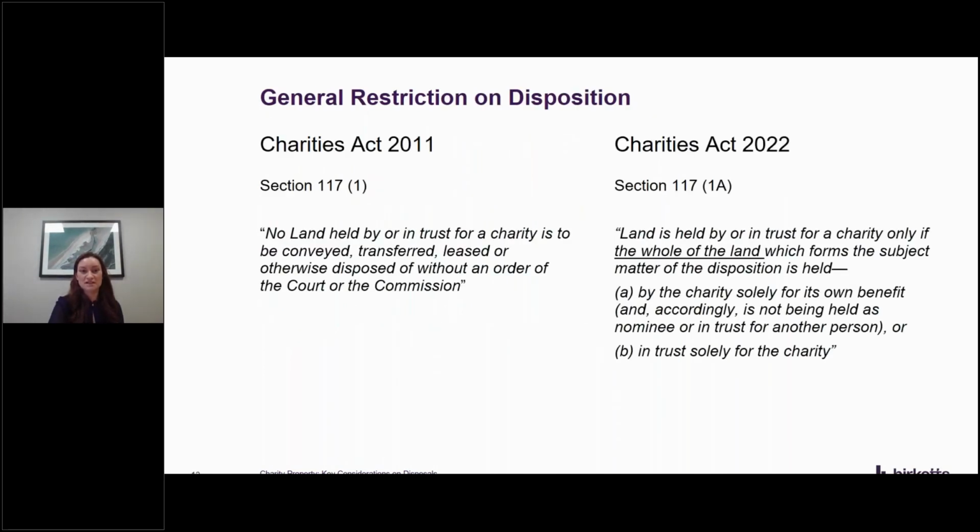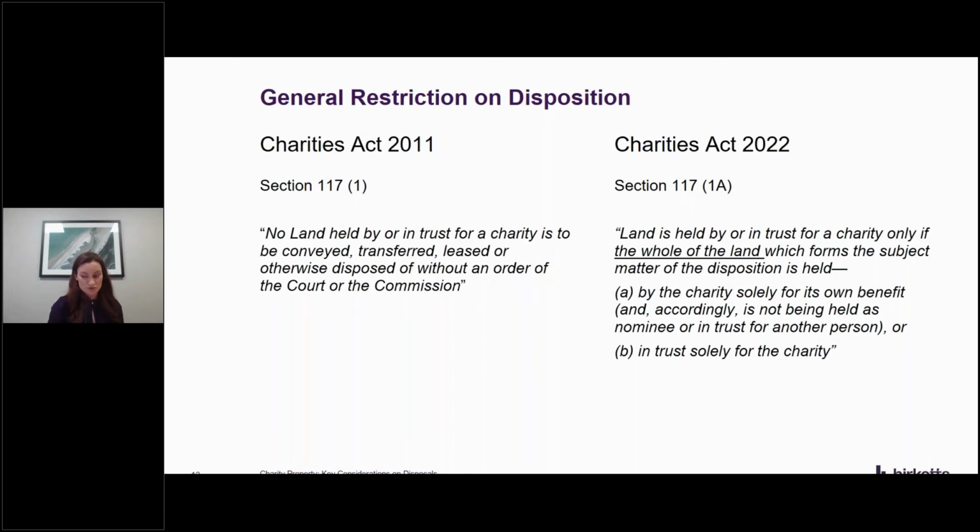So on the left there, you can see the restriction as it was: no land held by or in trust for a charity is to be conveyed, transferred, leased, etc. without consent. And the new Act introduces an amendment to that wording, which specifies that the whole of the land held by the charity, which is the subject matter of the disposal, needs to apply in order for the restriction to catch.